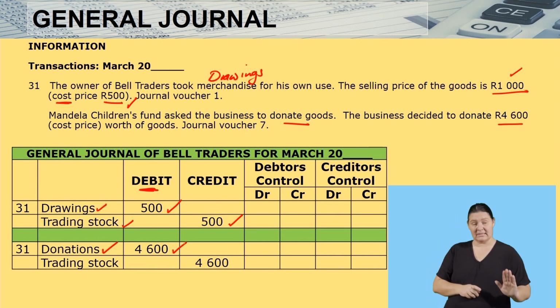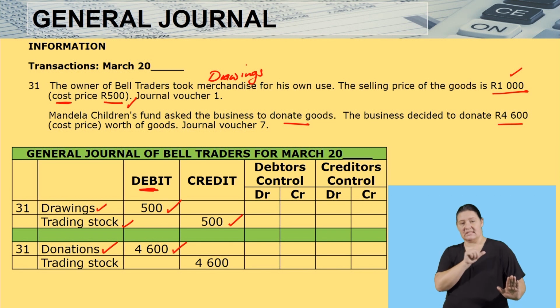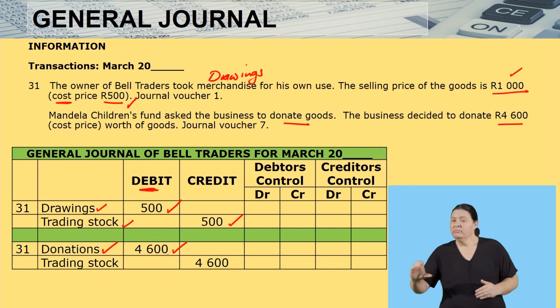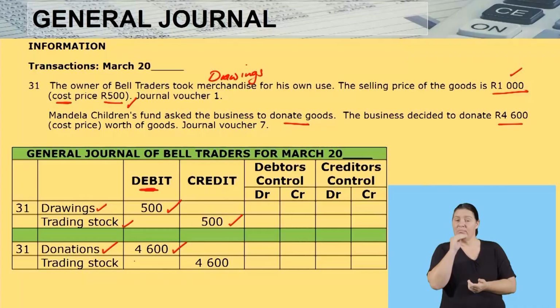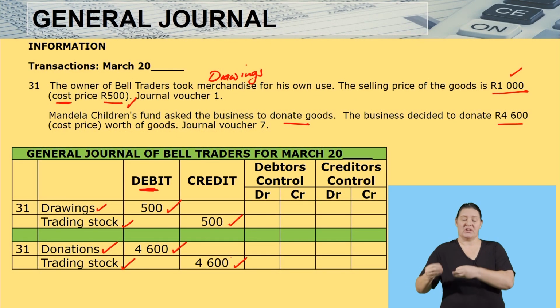Hence you see here 4,600. Which account are we going to credit? Already you should know by now. The moment you are taking goods out of your business, it affects your trading stock. So in this case, we're going to credit our trading stock account.